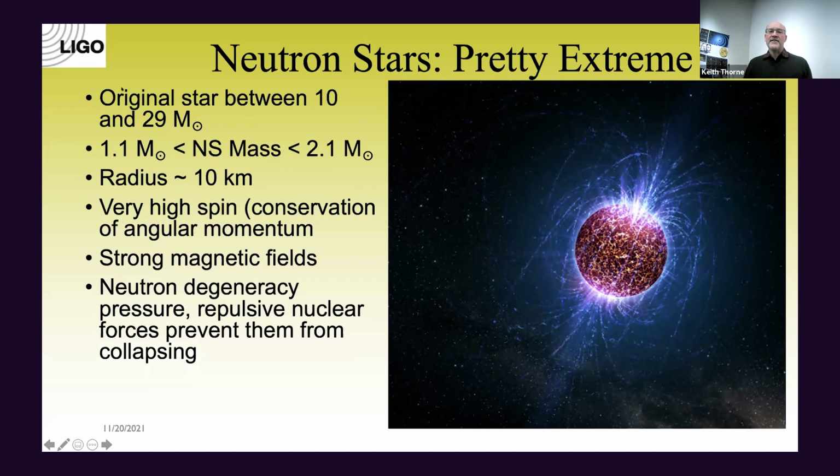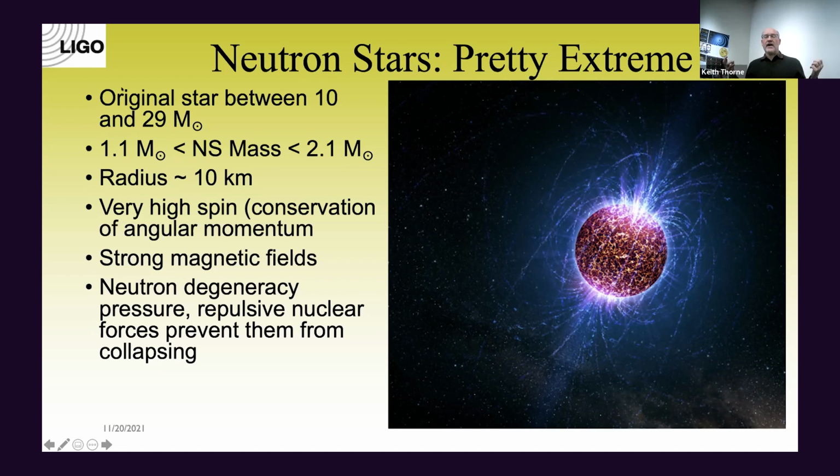But then there's something more extreme called neutron stars. Here you start with bigger stars, about 10 to 30 solar masses. They pretty much become supernovae. They blow off all their other mass in a big shell, and they get down to 1 to 2 solar masses. And they're much more extreme. They've blown all the electrons away, so it's just protons and actually just neutrons.